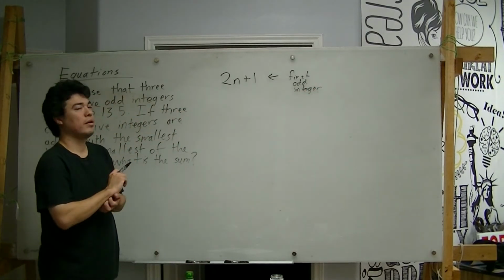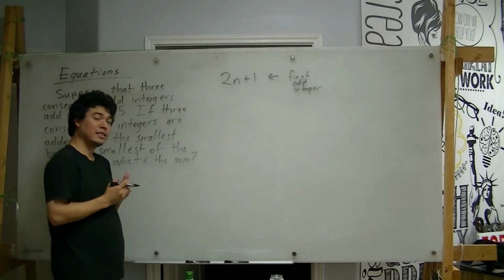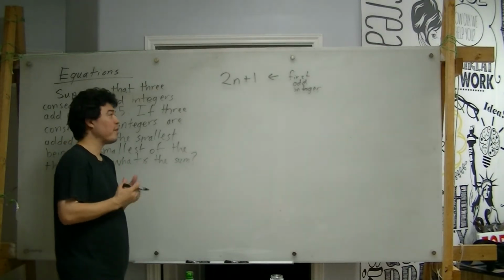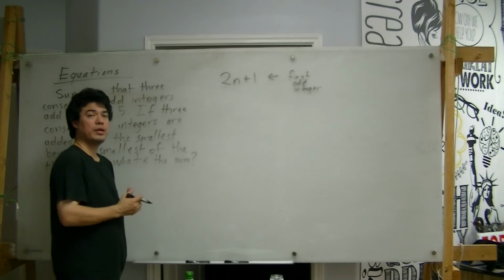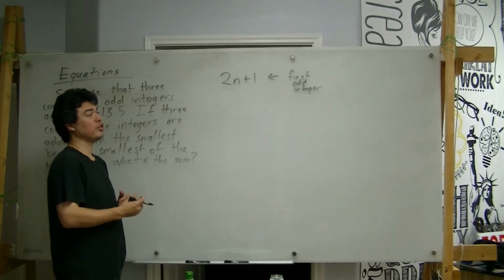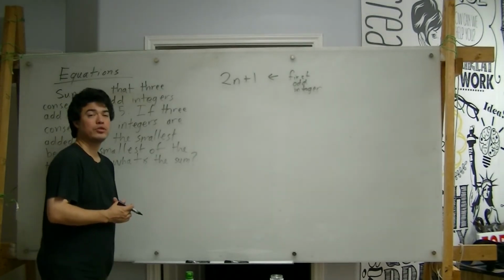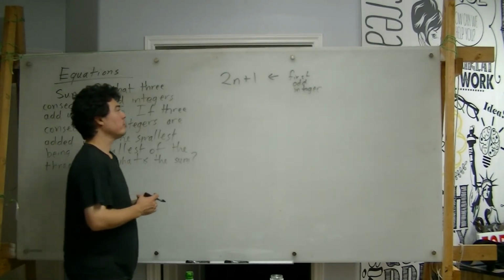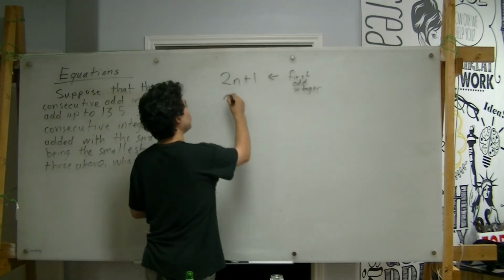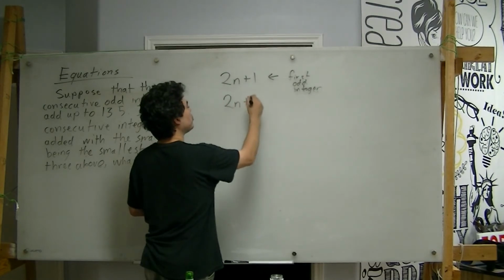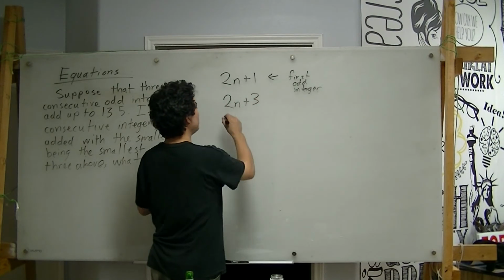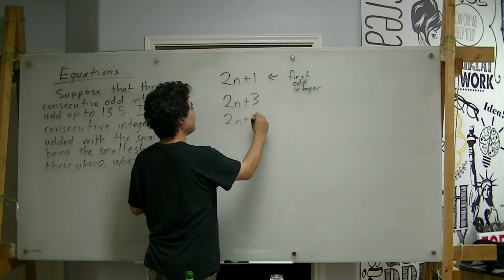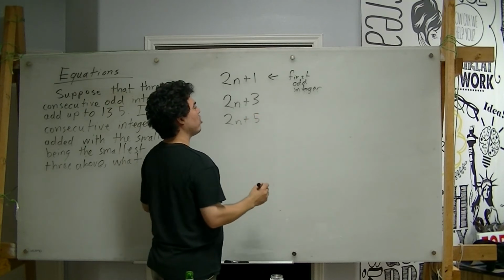Then the next integer: if I were to just add 1 to it, I would not get an odd integer, I would get an even integer. So I have to add 2 to it to get the next odd integer. So if I do that, I know that my second odd integer will be 2n plus 3, and likewise 2n plus 5 will be my next odd integer.